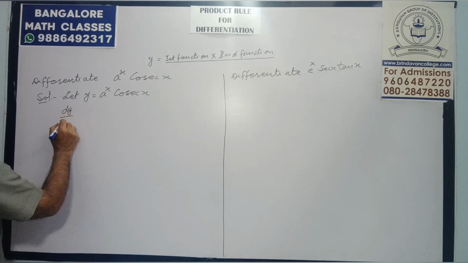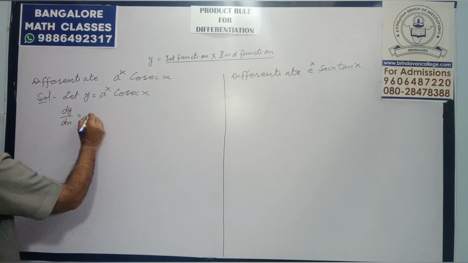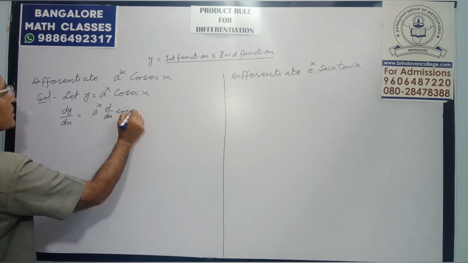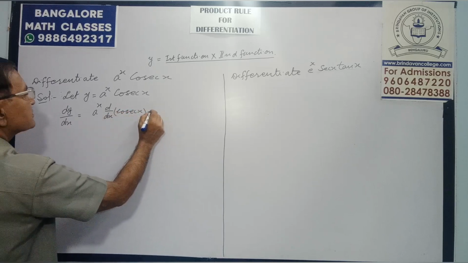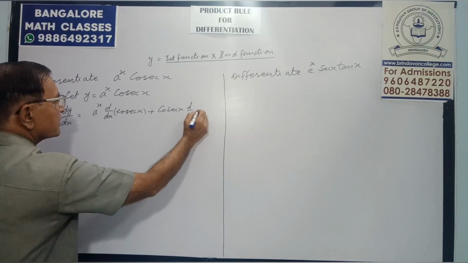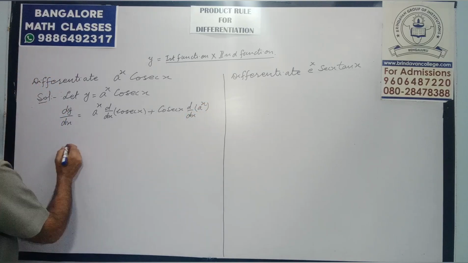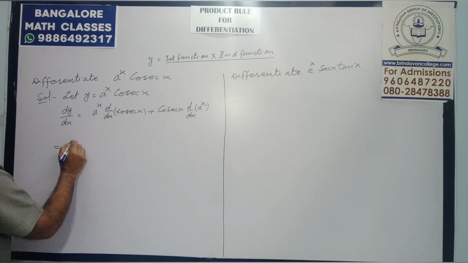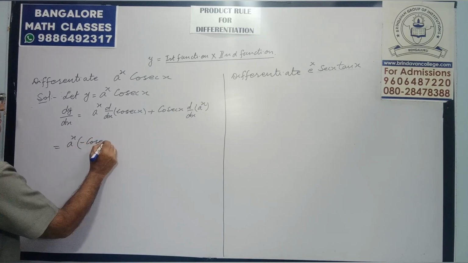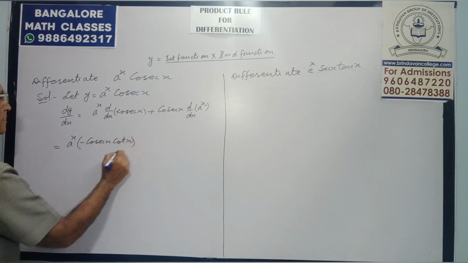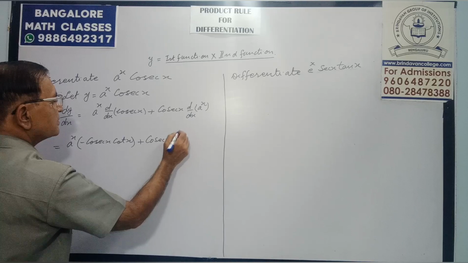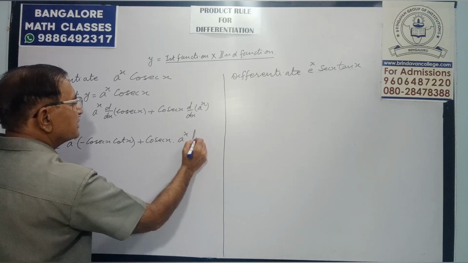Differentiating, dy by dx: first as it is, d/dx of second, plus second as it is, d/dx of first, equals first as it is, d/dx of cosecant is minus cosecant x cot x, plus cosecant x as it is, d/dx of aˣ, from the identity, aˣ log a.